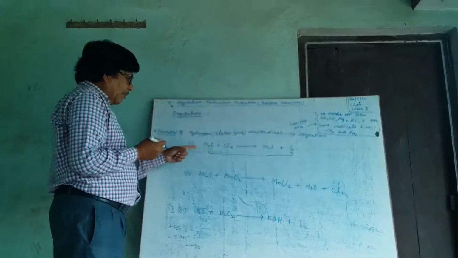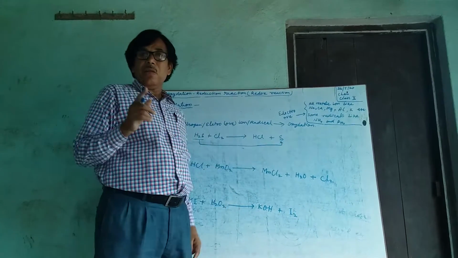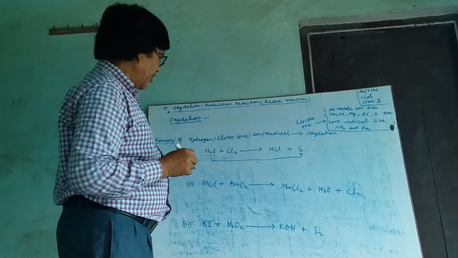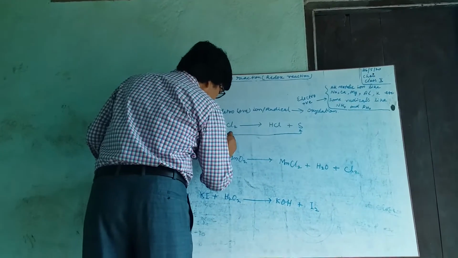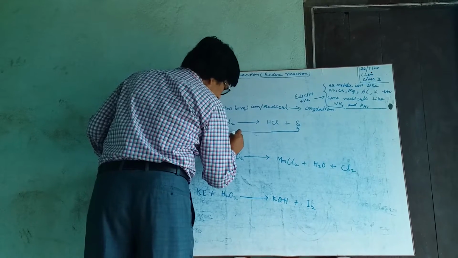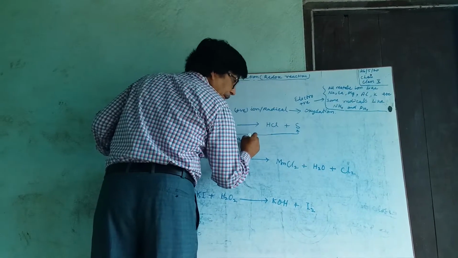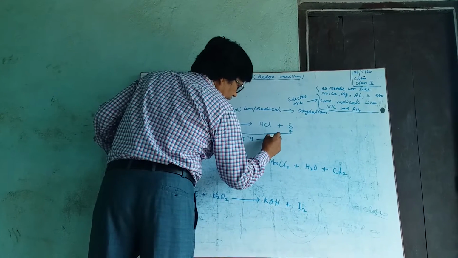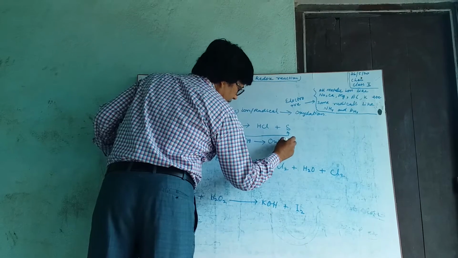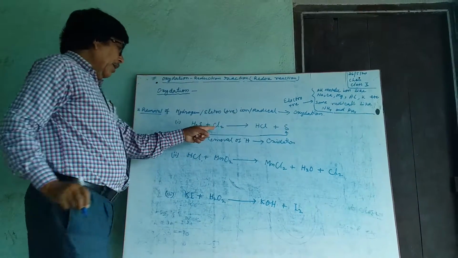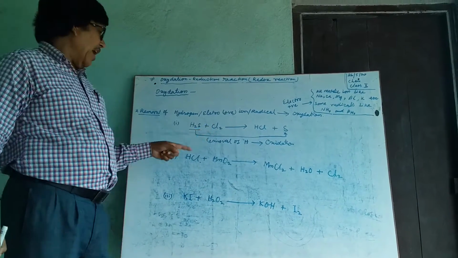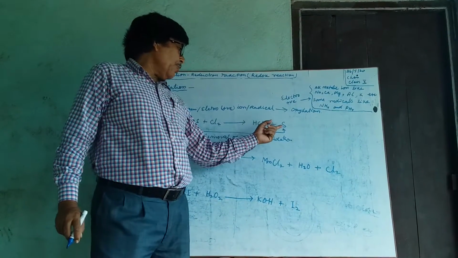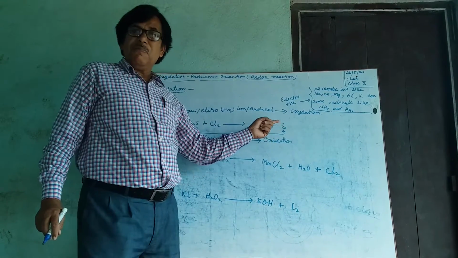Removal of hydrogen from H2S to form sulfur is an example of oxidation reaction. Removal of hydrogen, oxidation. Cl2 is the oxidizer or oxidizing agent, and H2S is oxidized to sulfur.